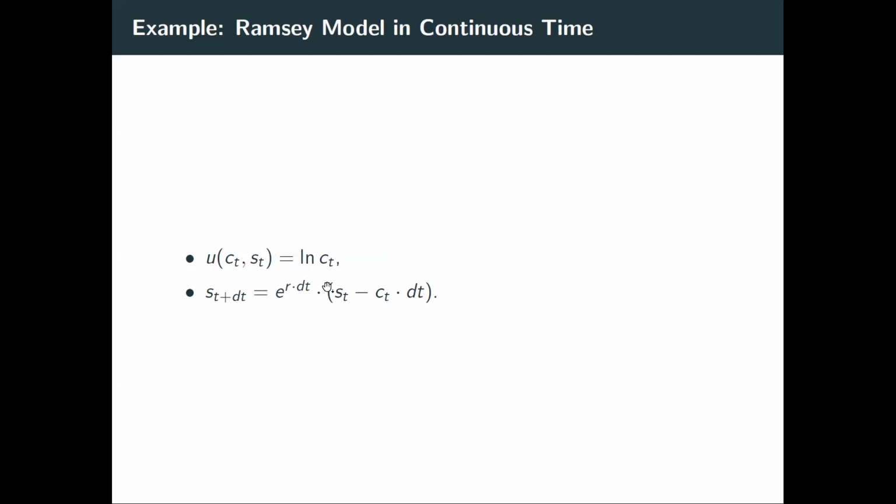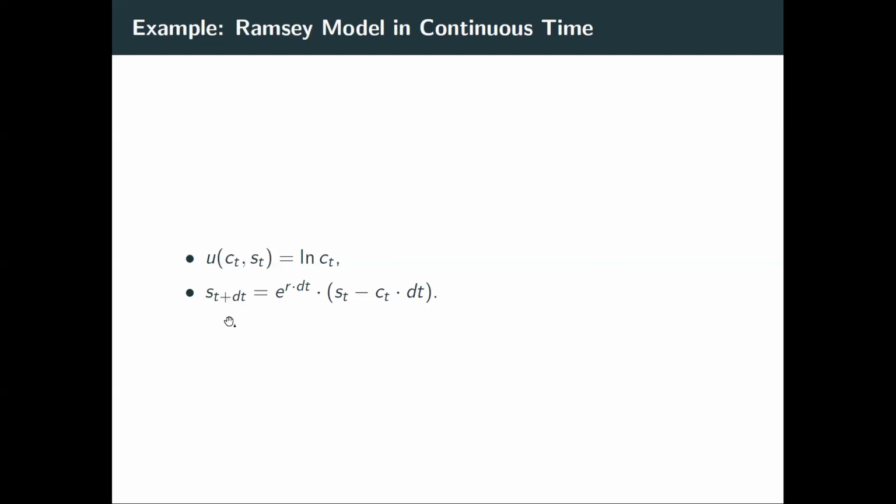That's exactly the growth rate, because when dt is small, this is approximately 1, and up to the first term it will be just 1 plus r dt. So 1 plus r dt should be even more familiar to you. The r dt is the percentage, and this is exactly the savings for tomorrow.